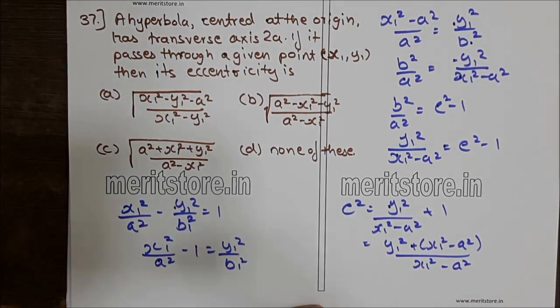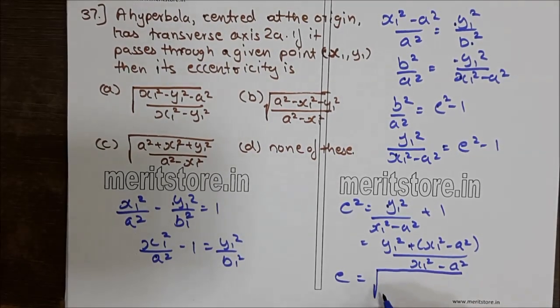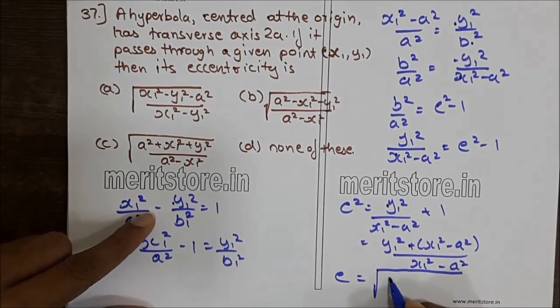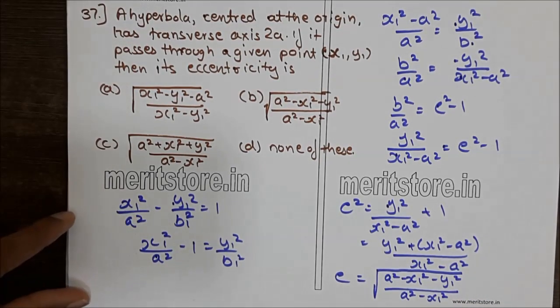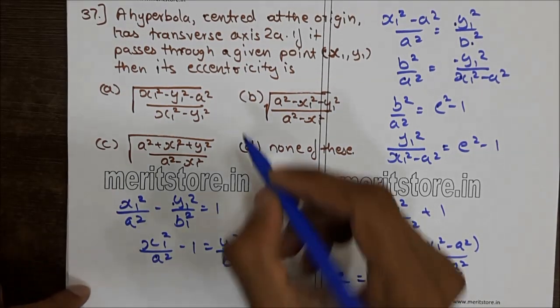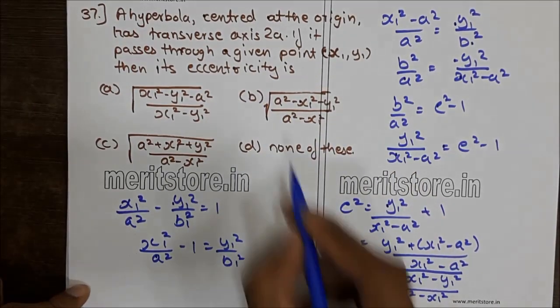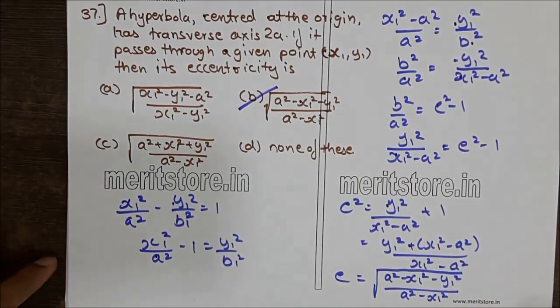We take the root on both sides and get e equal to under root of, making a final answer, a square minus x1 square minus y1 square upon a square minus x1 square, which is our option B. Therefore, option B is the correct answer.